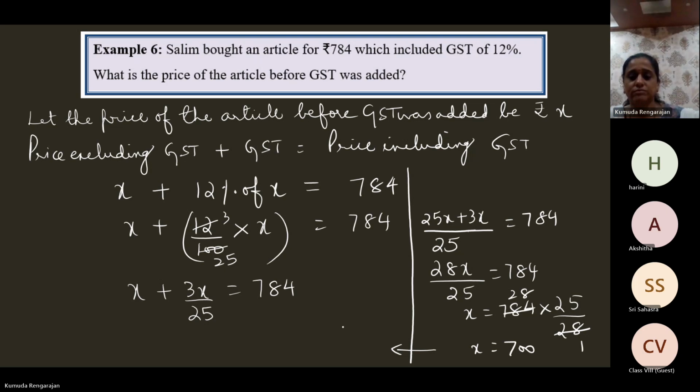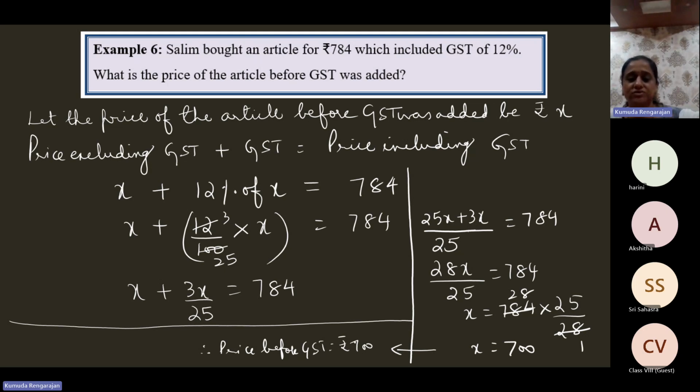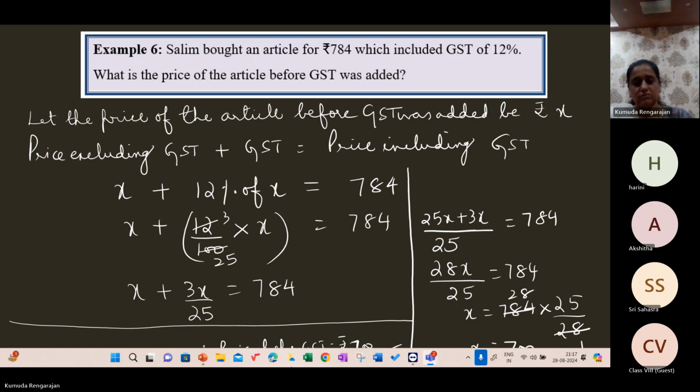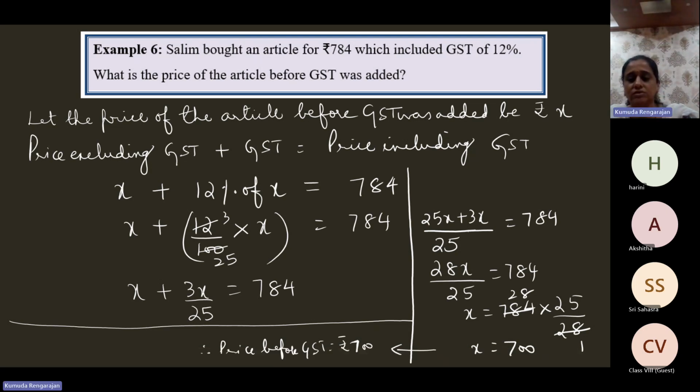So therefore, price before GST is equal to rupees 700. Therefore, price before GST is rupees 700. I wrote the formula too. Understood?